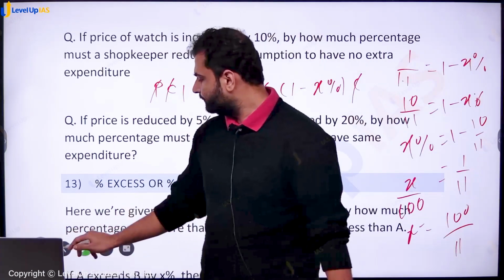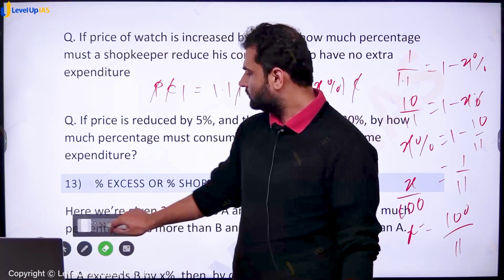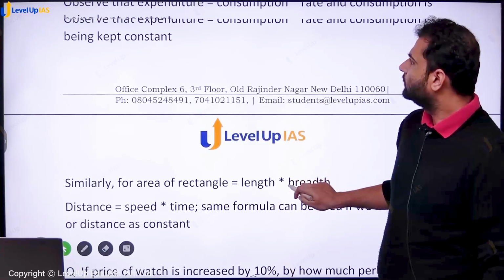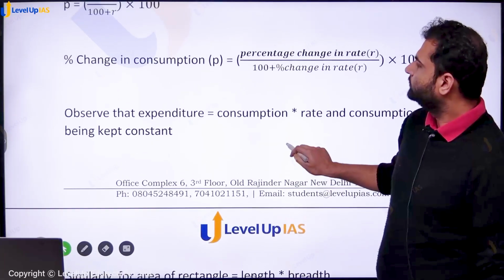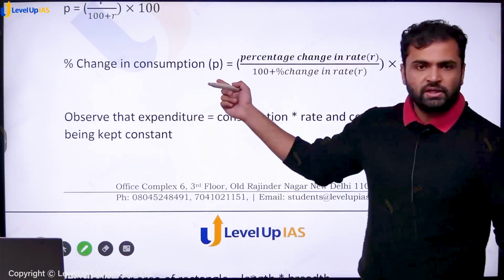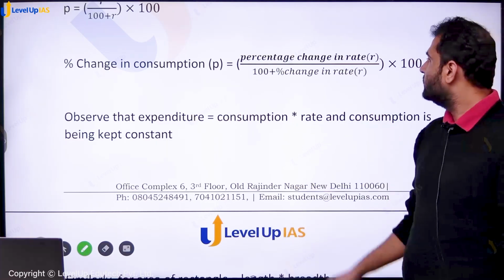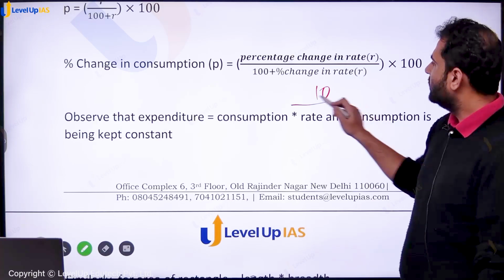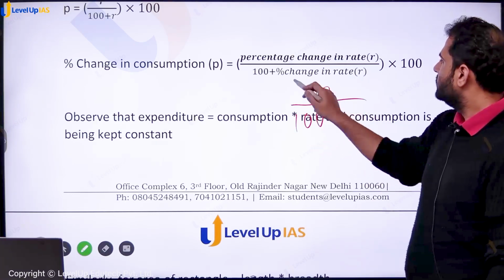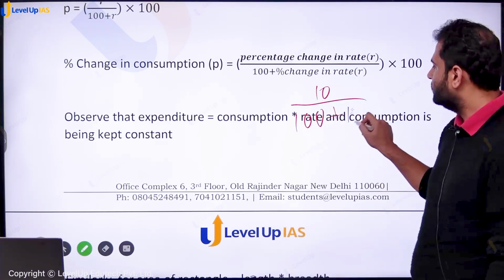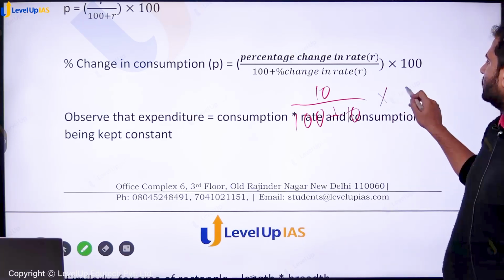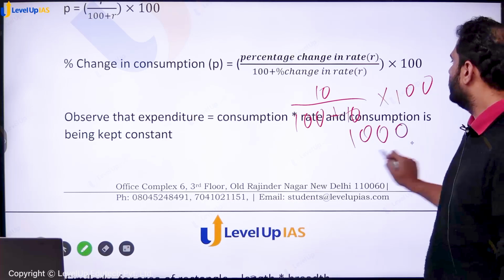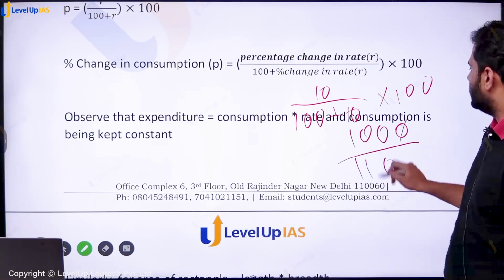And by formula, the percentage change in consumption is equal to the percentage change in rate, which is 10, divided by 100 plus the percentage change in rate, which is 10, into 100, which is 1000 divided by 110 or 100 by 11.